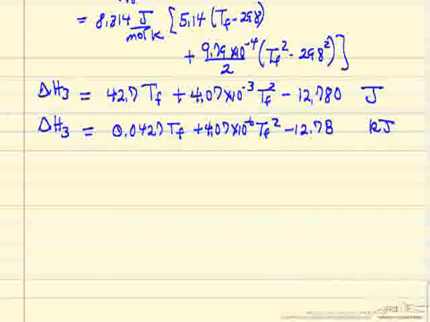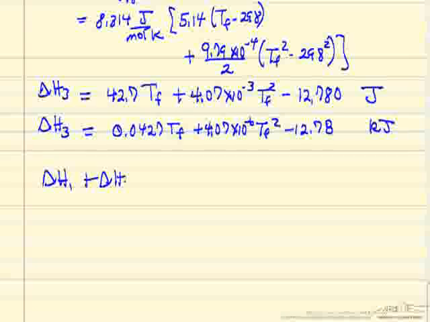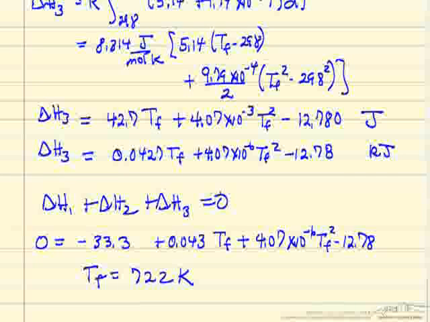Then we say delta H1 plus delta H2 plus delta H3 should add up to 0. Substituting in the values for delta H1, delta H2, and delta H3 and adding them together, we get this equation, a quadratic equation we can solve for the final temperature.